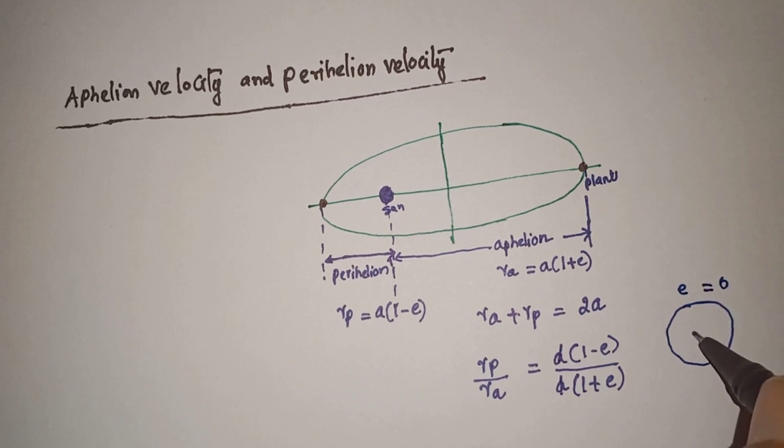And the Sun will be here, or the Earth will be there, and some satellite will be revolving around the Earth. So that means your ra equal to rp is equal to simply r, which is the radius of the orbit. So these things we have already covered in our previous lectures in a very simple way. We are not going to any higher level. We'll try to begin our concepts, and we haven't entered into the main lecture part.